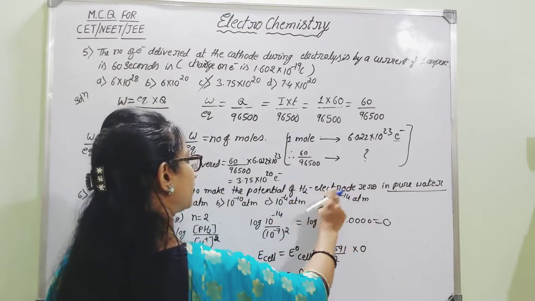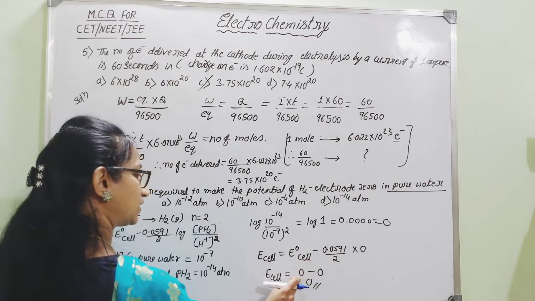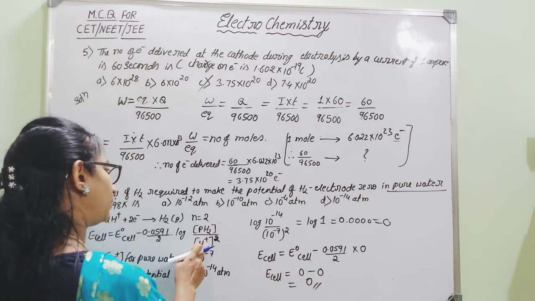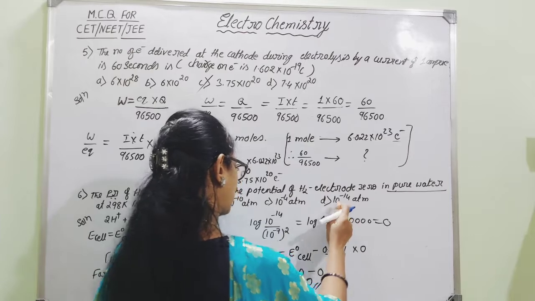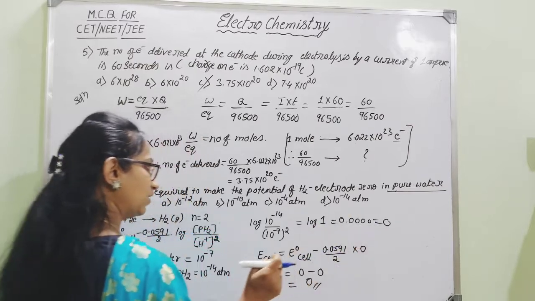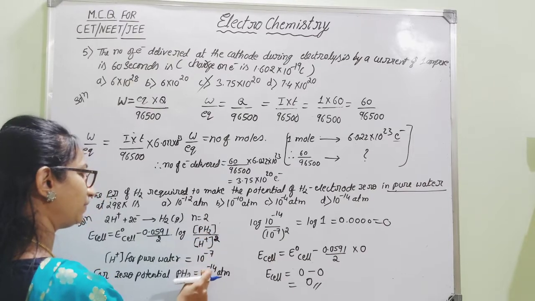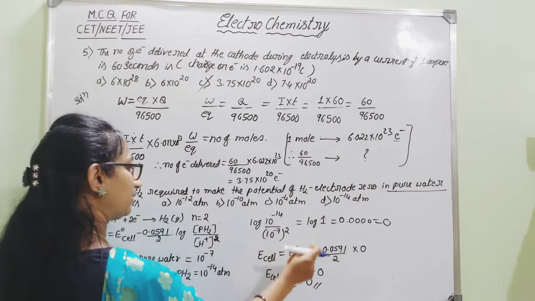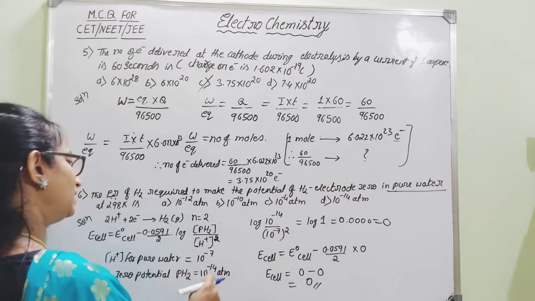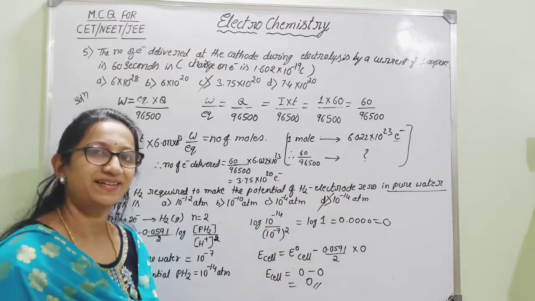So to make the potential of hydrogen electrode 0, we consider E naught cell value also 0. 0 minus 0 is 0. This happens only when the pressure of hydrogen is exactly 10 power minus 14. Only then the log value becomes log 1, which is 0. So in place of P of H2 we have to take exactly 10 power minus 14. With any other values, the log of this value will not give log 1 and will not give 0. Therefore the right option is 10 power minus 14 atmosphere, so option D is the right answer.